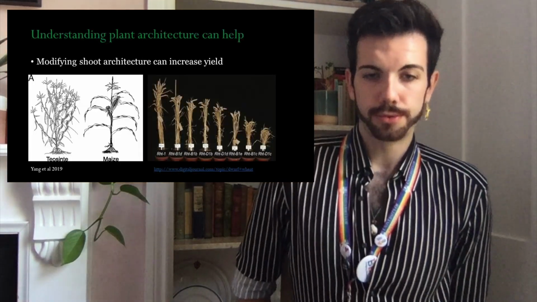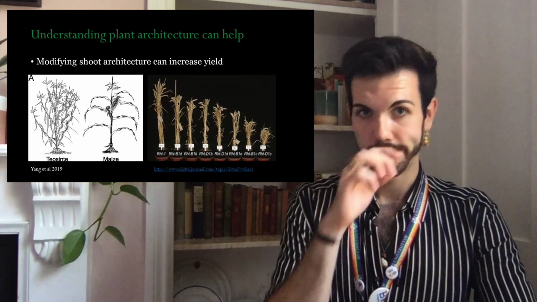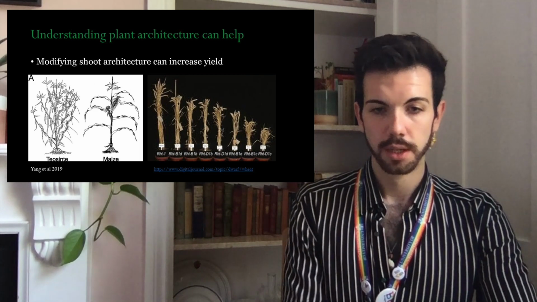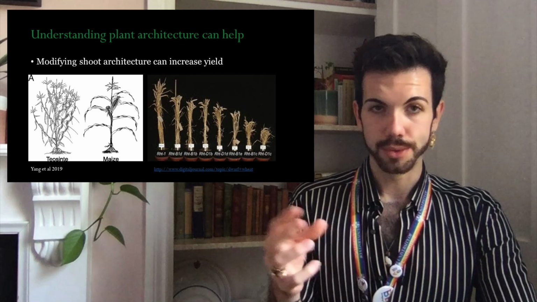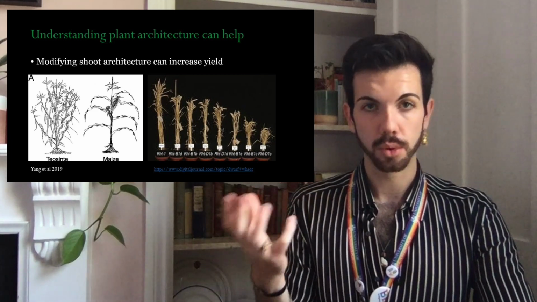So I'll talk about two cases where this has been helpful in a breeding context. On the left we have an ancestral plant called teosinte, which is a close relative of what we now grow as maize or corn.